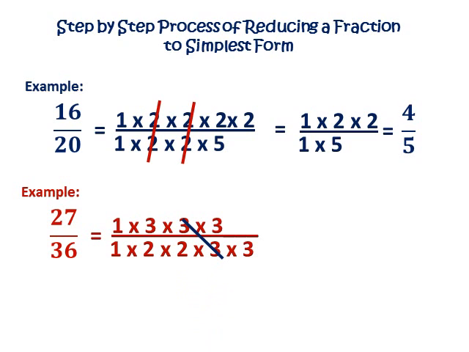They both have a set of 3 and another set of 3, so we remove those. This is what's left of your numerator and denominator, and this would be the simplified form. By the way, I have not edited that slide, but the answer is supposed to be 3 over 4.